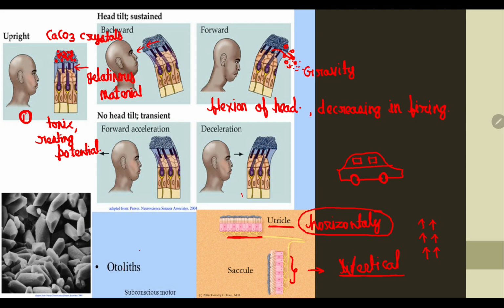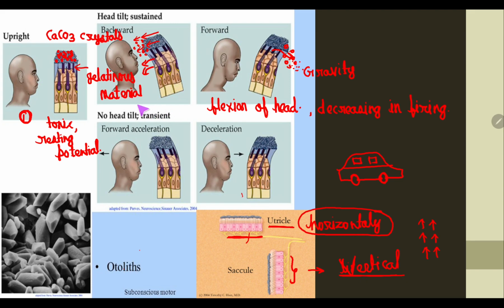Fine. Now you see the next condition. You are moving your neck backward. When you move your neck backward, the force of gravity will be applied more in this direction, and that's why all the crystals will move in this direction. The otoconia and jelly will move in this direction, and they will generate impulses.